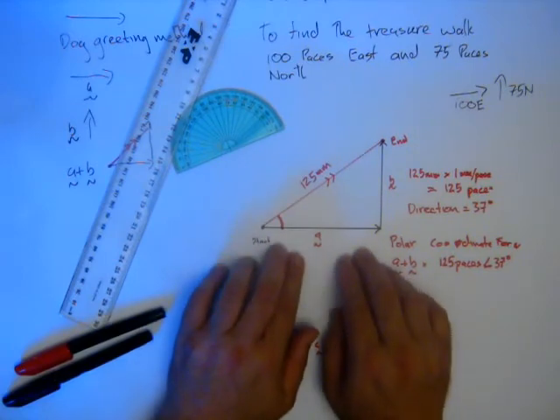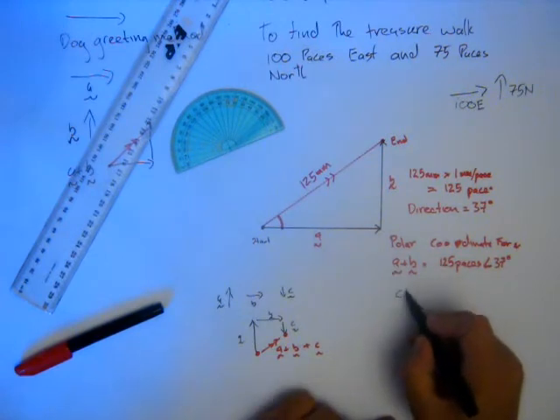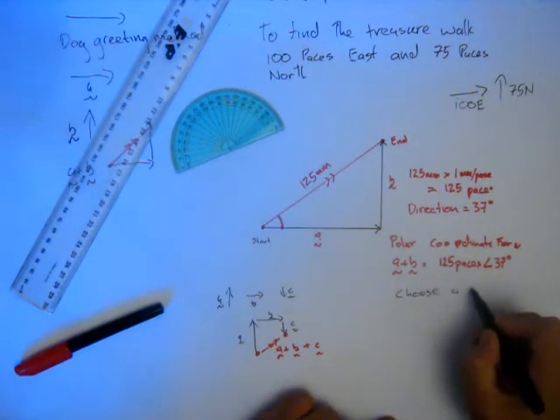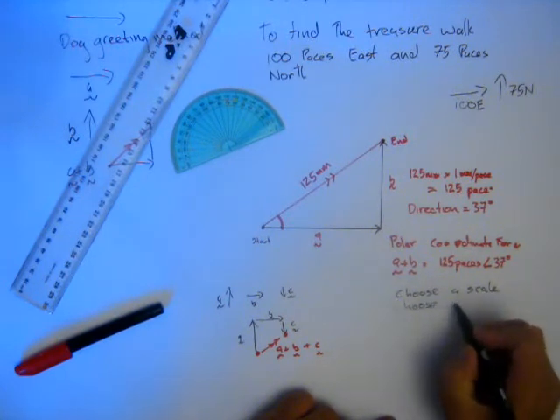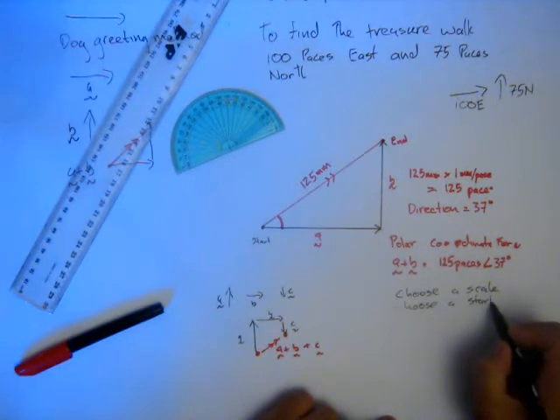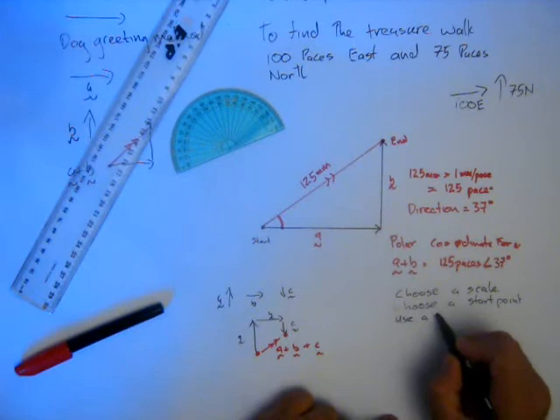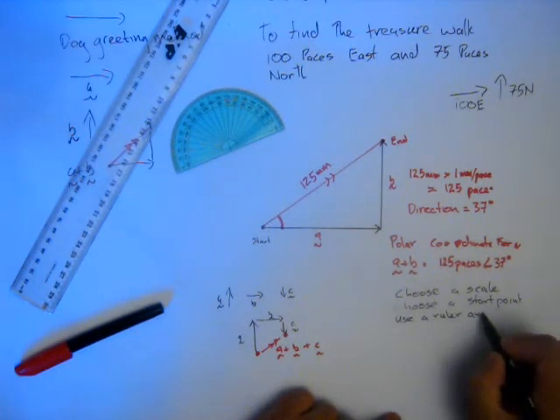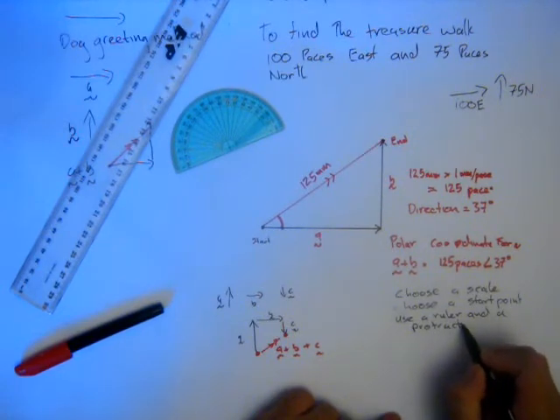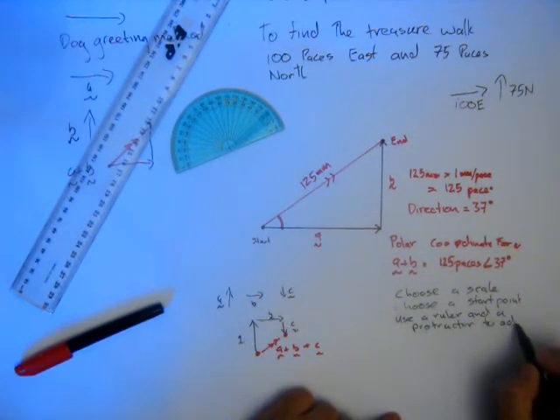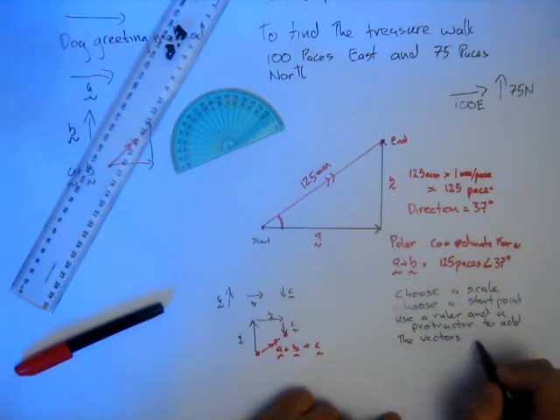So the basic thing is, when adding vectors graphically, you actually physically draw them on a piece of paper. You choose a scale. Choose a start point. Use a ruler and a protractor to add the vectors nose to tail.